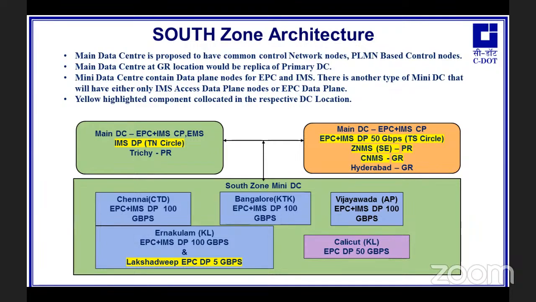South and East it is there like that. West and North are separate, and the CNMS is pan India based. GR is here, and in Chandigarh it is the PR side. North zone, Chandigarh. North and West. I need to check actually.